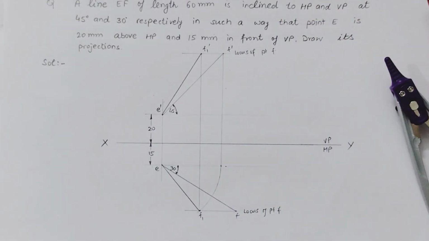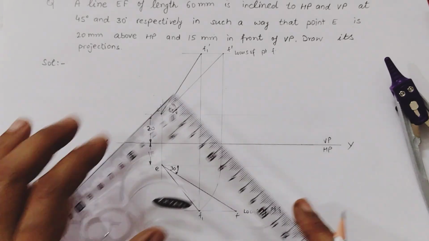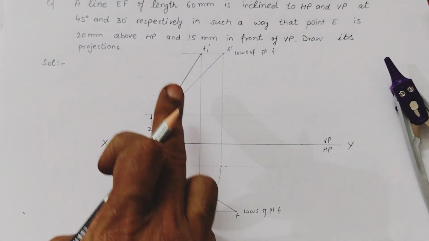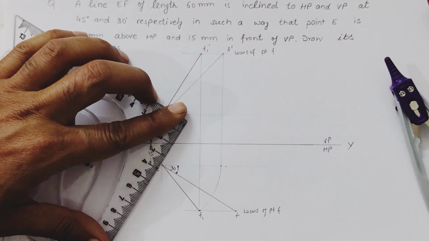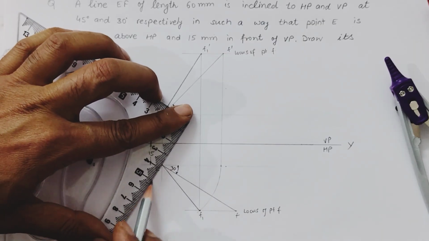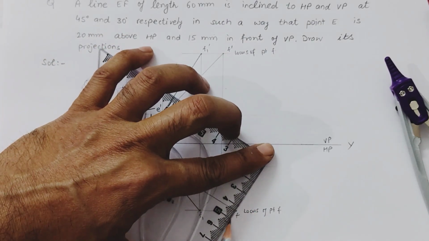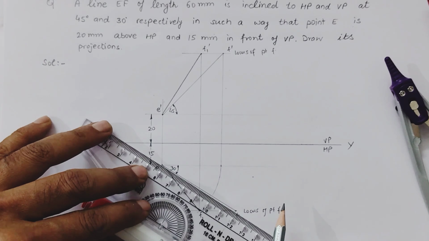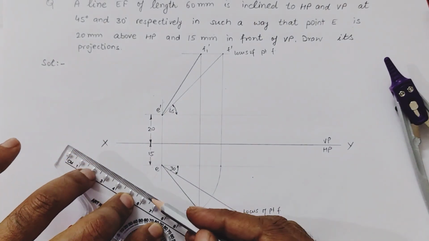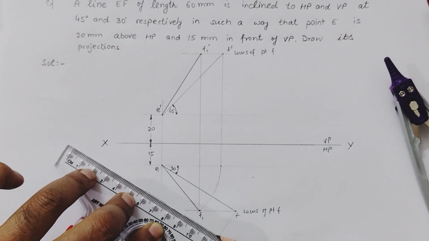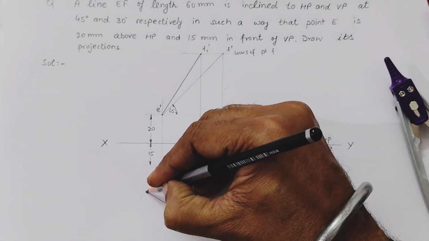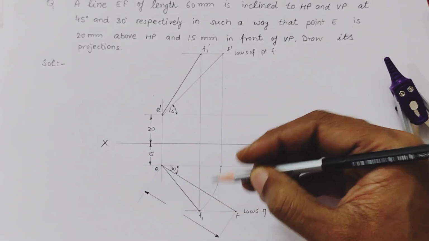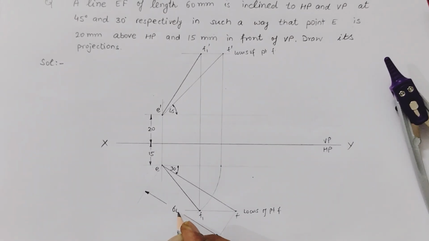We can mark either dimension on this side or in the top view. Distance is given as 60 mm.